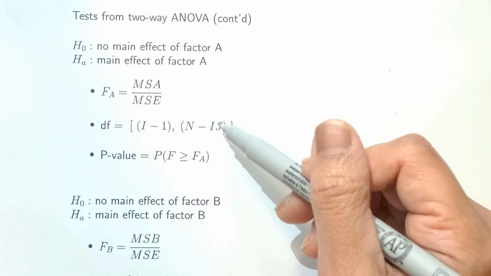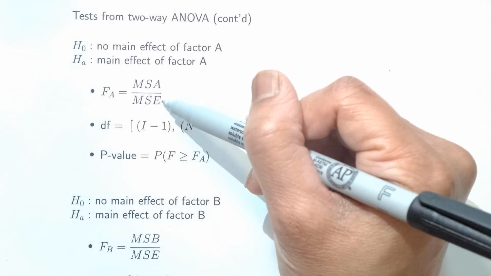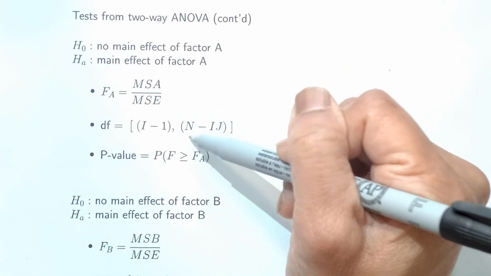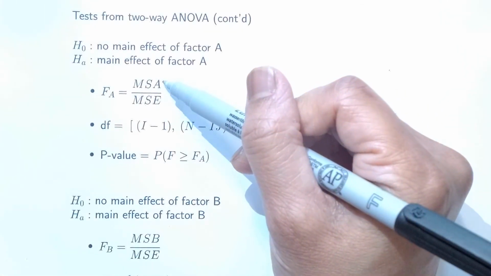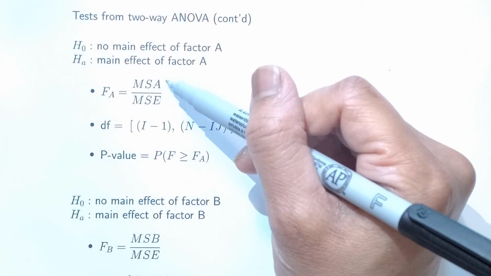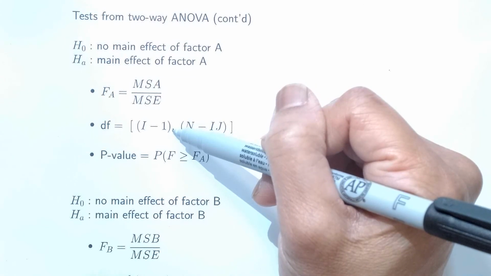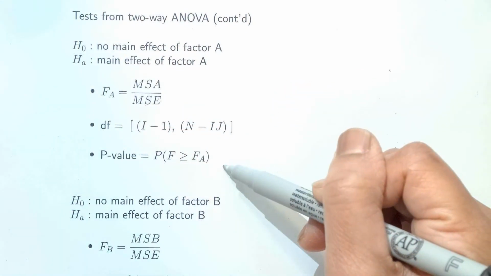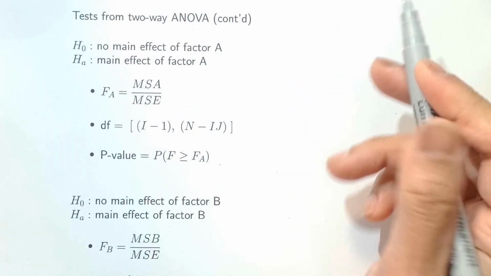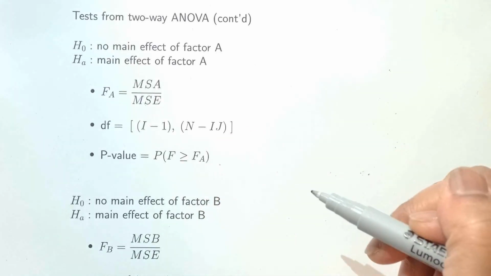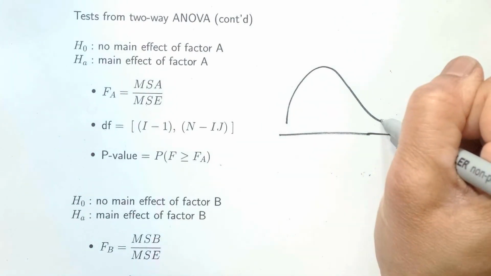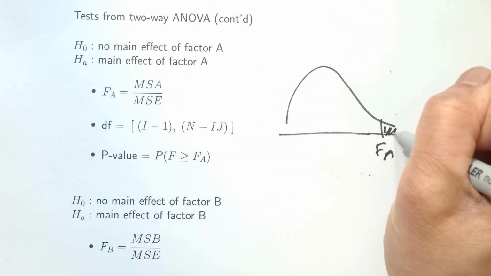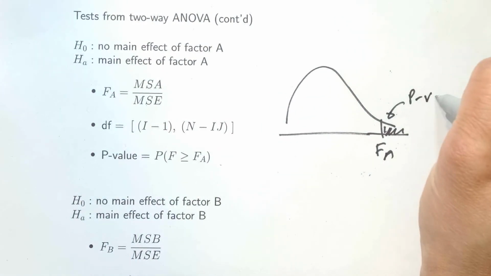The degrees of freedom change, so the denominator still has the mean square error, so we have N minus IJ degrees of freedom in the denominator, but the numerator now has mean square due to factor A, which has I minus 1 degrees of freedom. And then the p-value is the upper tail area for that statistic. So that's our F sub A, and there's our p-value.